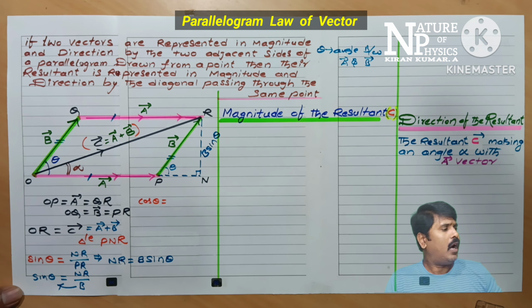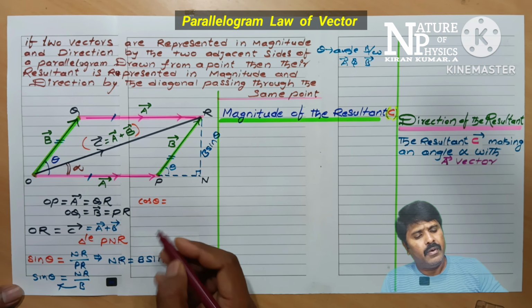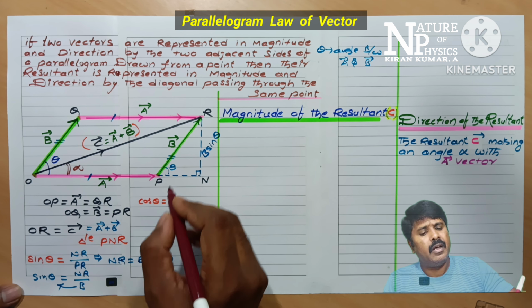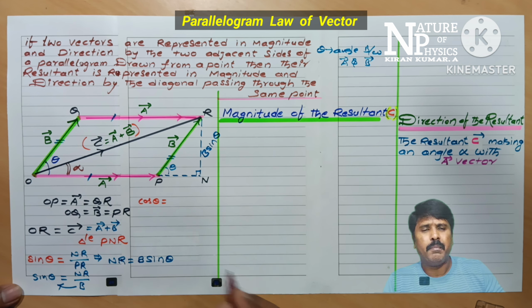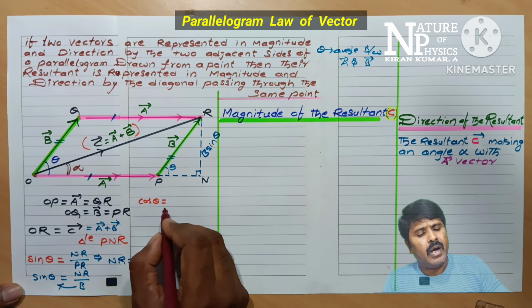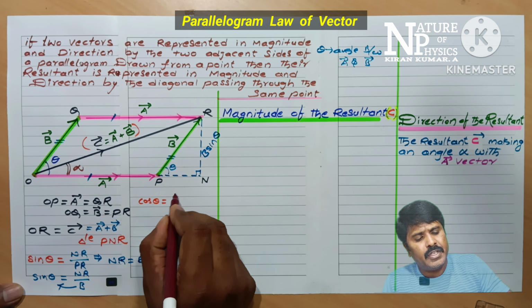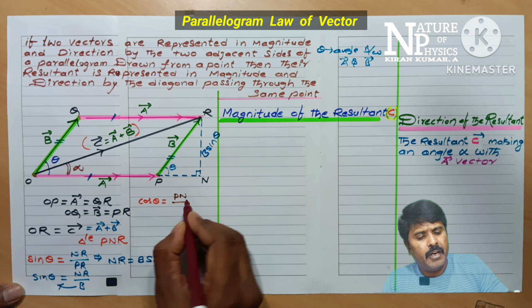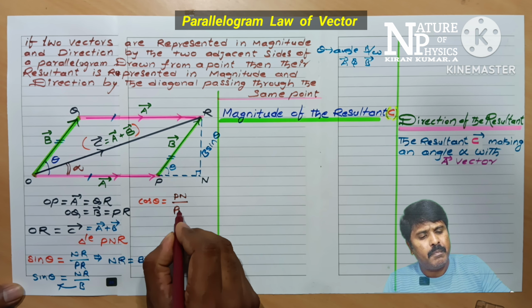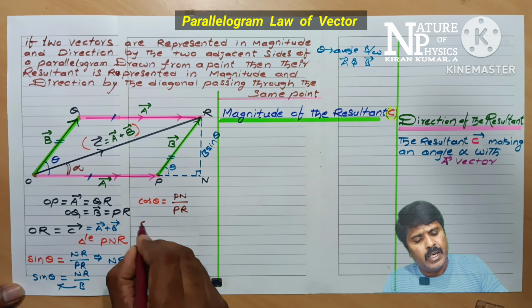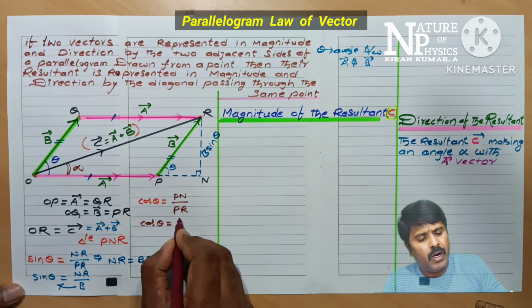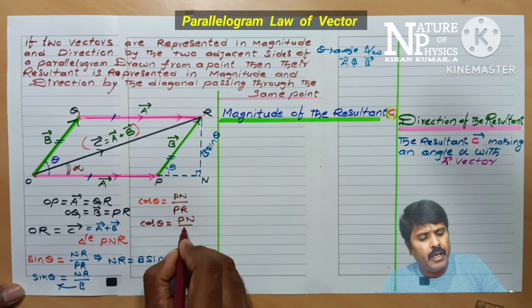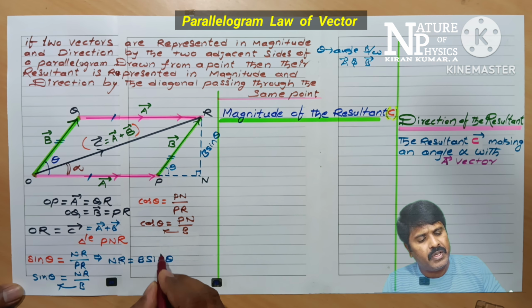And next, we can use cos theta for replacing the PN value. So cos theta is the adjacent side PN divided by the hypotenuse PR. So cos theta is equal to PN divided by B, again cross multiplication.